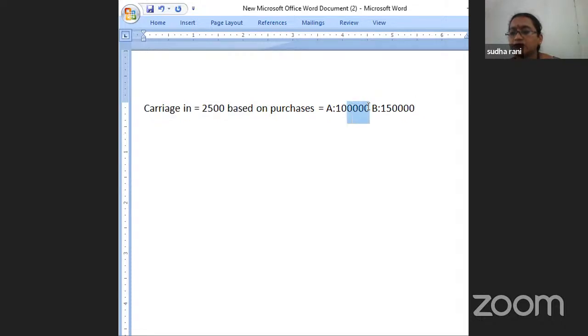Can I cancel these figures? Four zeros strike, and four zeros strike. How much is left? 10:15. Now can I divide with 2? We can't. With 5 we can: 5 twos are 10, 5 threes are 15. So what is the ratio? 2:3. Understood? How did we get the ratio?